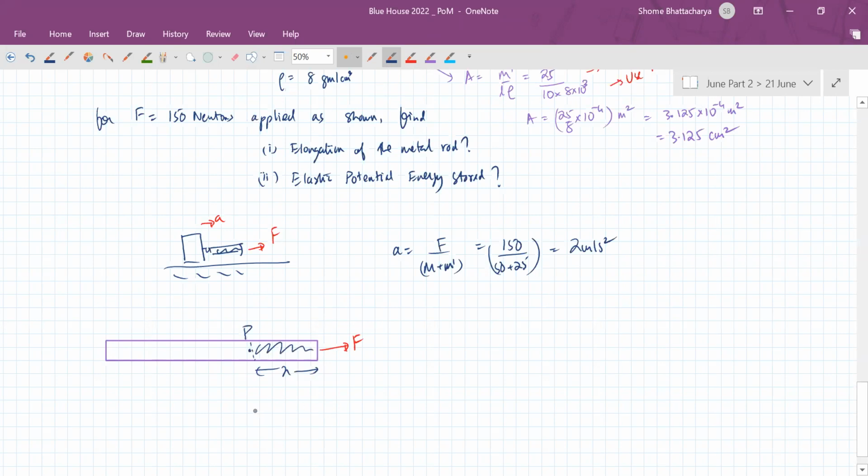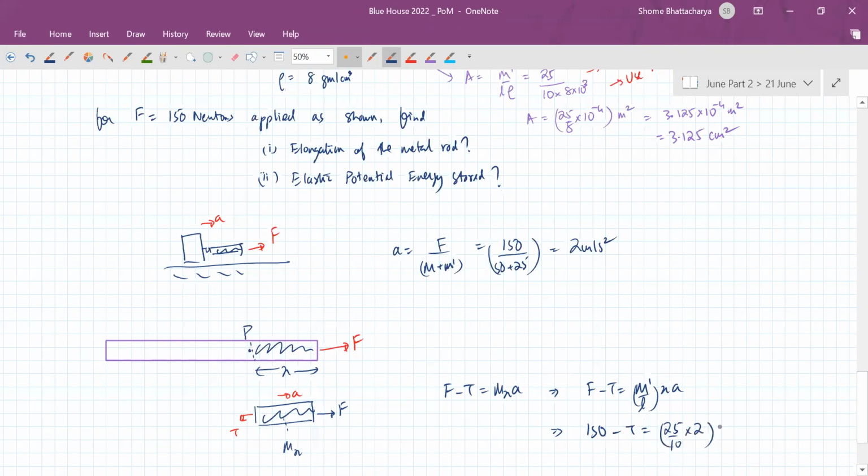We make the FBD of this section, and we see that if this has a mass of mx, F minus tension at that point is mass of that section into A. So 150 minus T is equal to 25 by 10 into 2 into x.